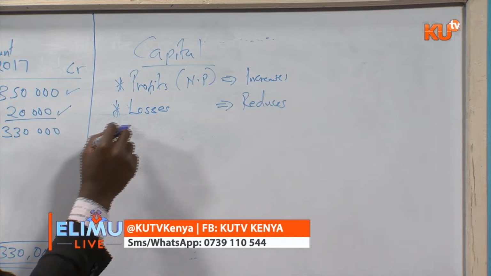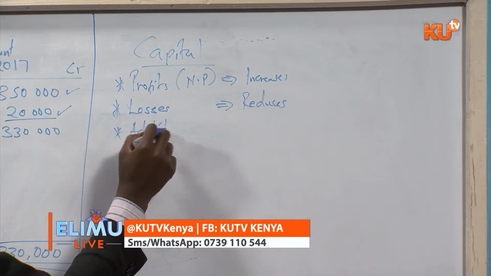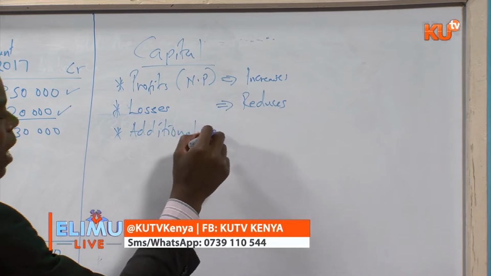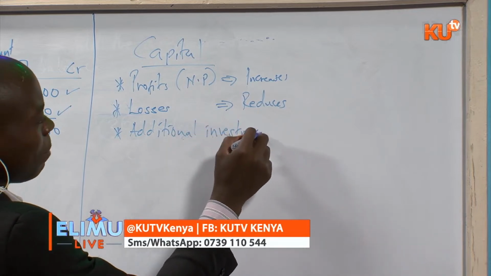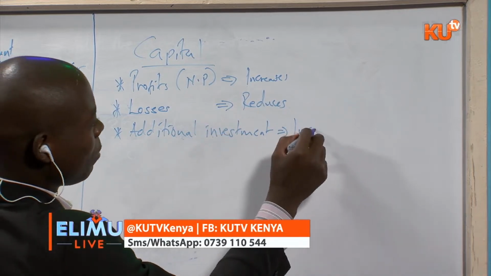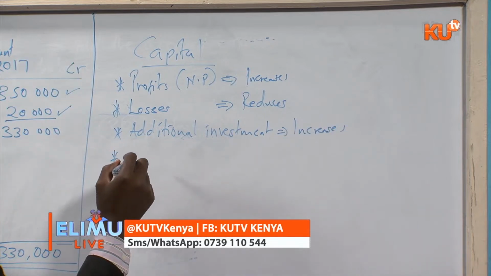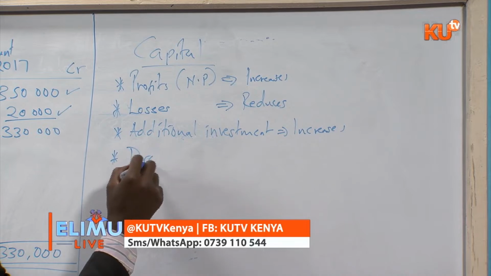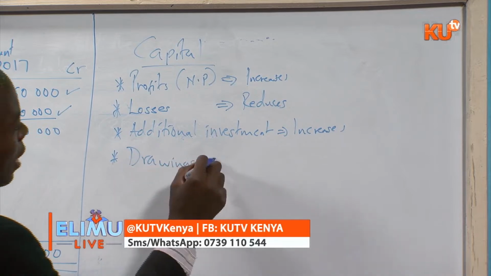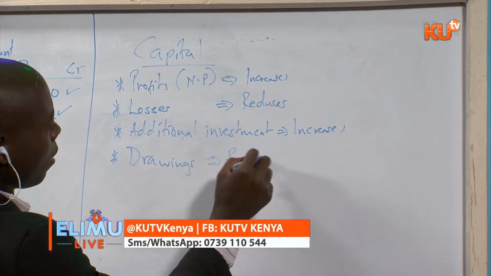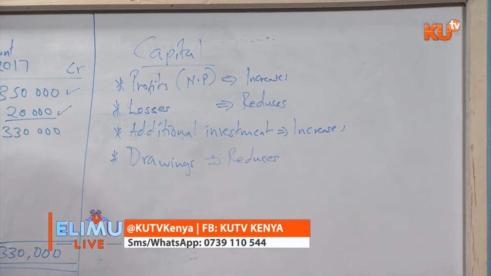Number 3, additional investments. Additional investments have the effect of increasing capital. And then number 4, we have drawings. Drawings reduce capital. So those are factors that affect capital.